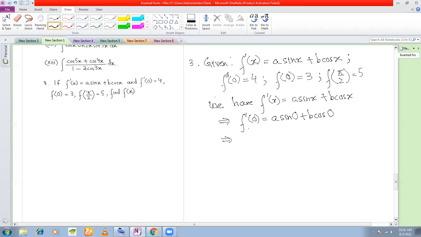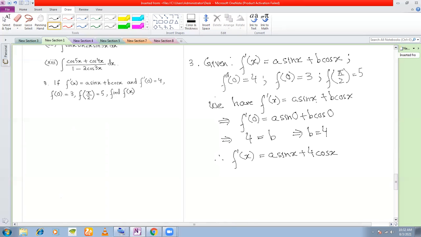That means 4 is equal to b. That means the value of b you are getting as 4. So therefore, what is the function here? F dash x is equal to a sin x plus 4 cos x. So we have determined one constant here.